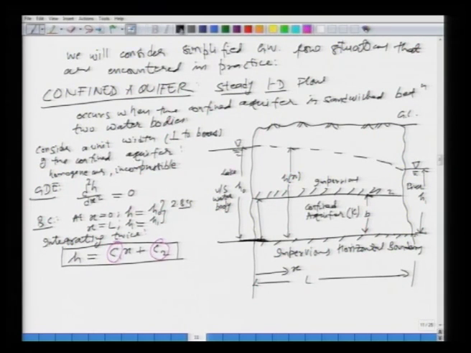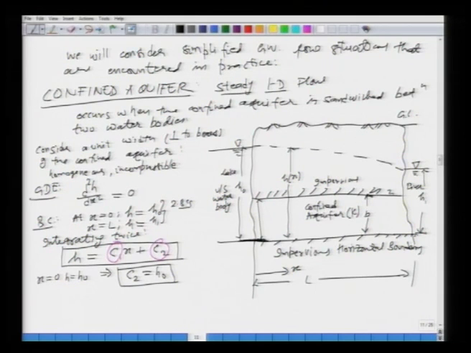And how can we do that? Well, we apply the boundary conditions. If you apply the first boundary condition, that is x is equal to 0 and h is equal to h 0, x is 0 means C1 will drop out. So, what you will have is C2 is equal to h naught. So, you have the value of C2 from the first boundary condition.